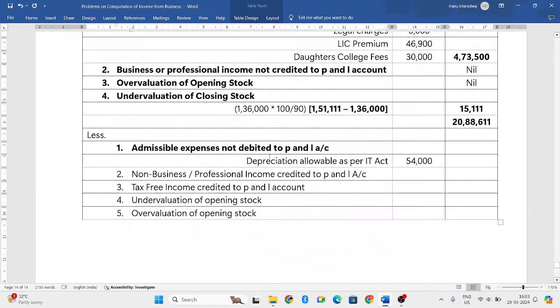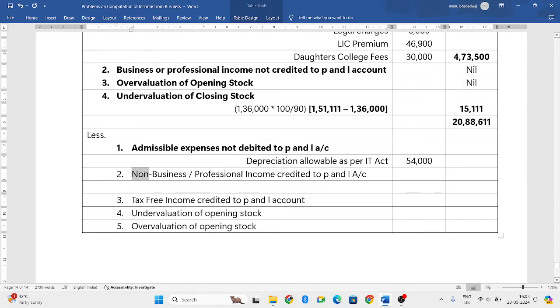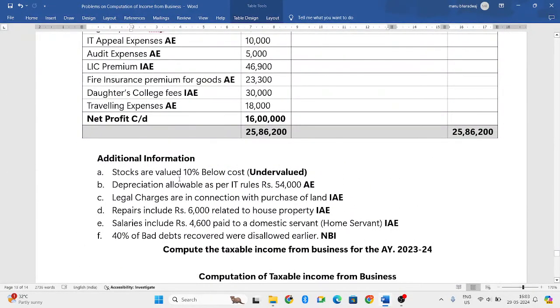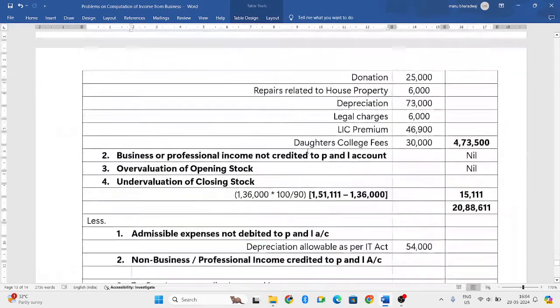non-business or professional income credited to P&L account. Any non-business or professional income credited to P&L account, we will have to show it here. Now, if you see here, the first one is rent from house property, 44,000.